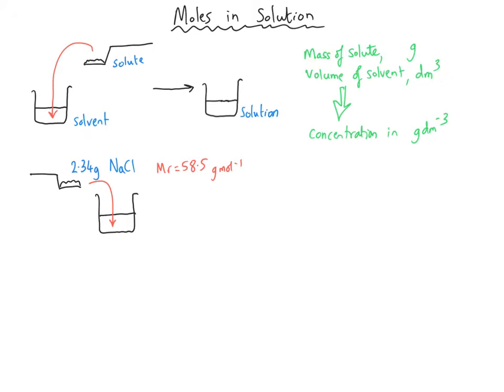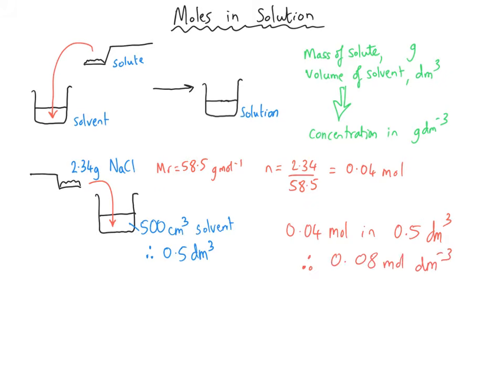If we're putting this into 500 cubic centimetres, so 0.5 cubic decimetres, then that is a concentration of 0.08 moles per cubic decimetre, which has the same concentration as 4.68 grams per cubic decimetre. Now, most concentrations that you'll be given in an exam will be moles per cubic decimetre, mol dm minus 3. And so that's going to be the units of concentration. And so what that means is the units of volume that you're working with will normally need to be in dm cubed.